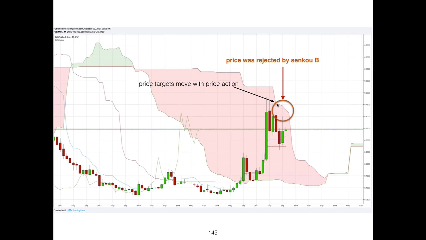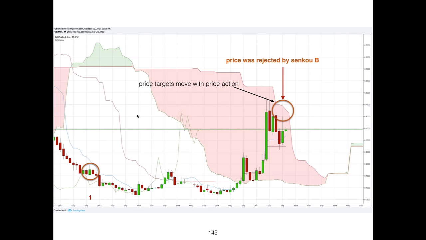The closest area where price and the Senkou B meet would be your strong resistance. So MRC hit 48 and dropped back down. The Senkou B was moving downward as price moved up. The area where the price hit the resistance, Senkou B, is also your target price.